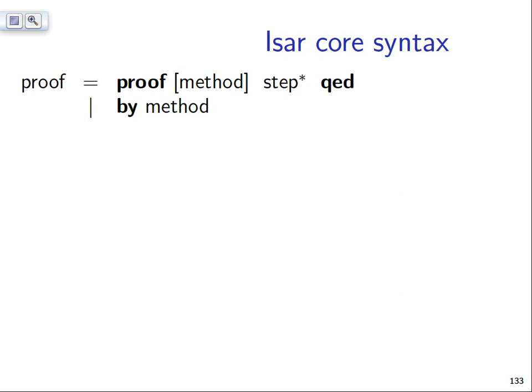So you could just write proof, but you could also write proof followed by a method, and that means please prove whatever you're supposed to prove at that point using this proof method here. So a typical case where the proof method is explicit is if you say proof by induction. In fact, you wouldn't say by induction, you would just say proof, and then here after the proof keyword, induction on some variable. And then follows a sequence of steps.